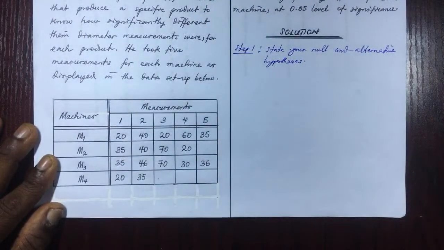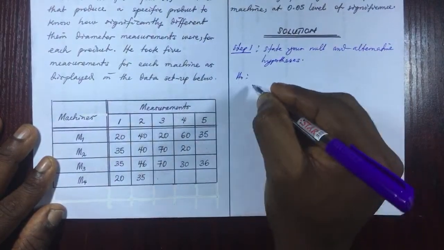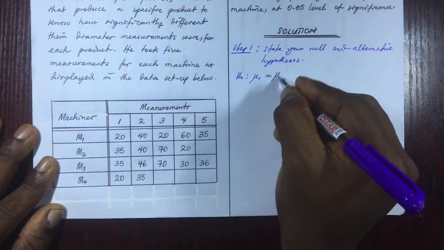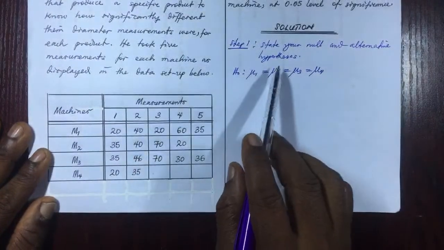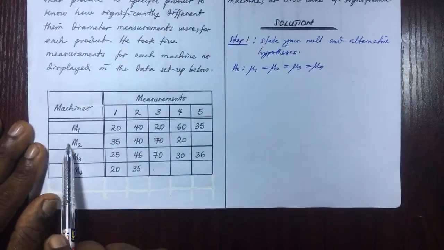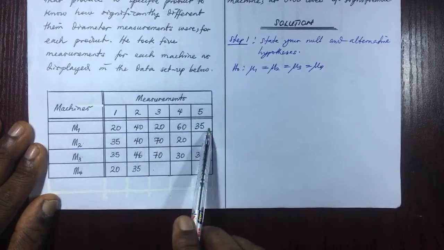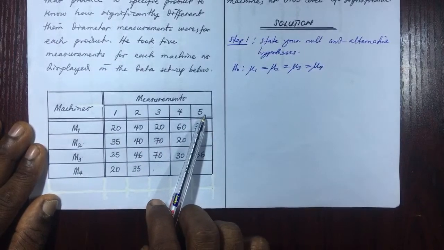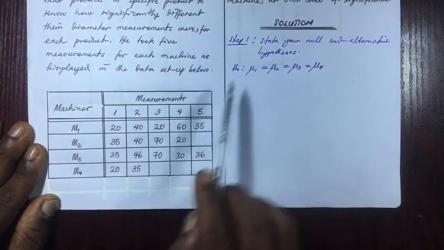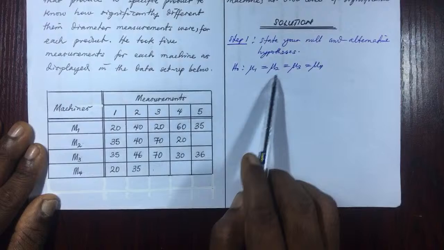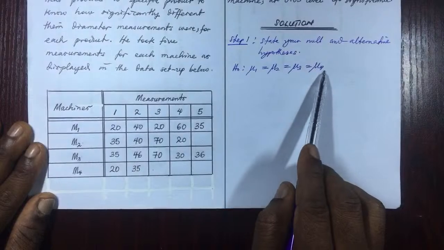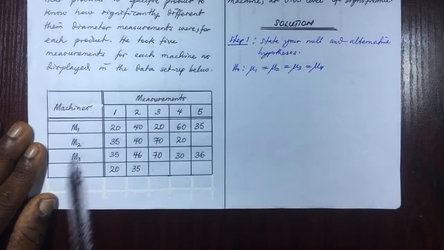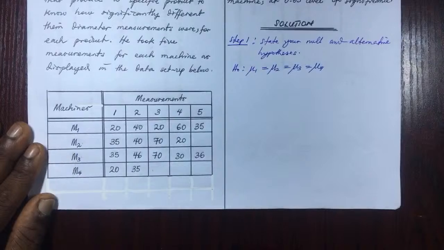Now, the null hypothesis, you could write mu1 equals mu2 equals mu3 equals mu4. Take note, these are the treatment means. How many treatments do we have again? 1, 2, 3, 4. Each of these treatments would generate a treatment mean. So the treatment mean 1 is for treatment 1, treatment mean 2 is for treatment 2, treatment mean 3 is for treatment 3, and treatment mean 4 is for treatment 4. So we want to verify whether or not there is a significant difference in the treatment means.